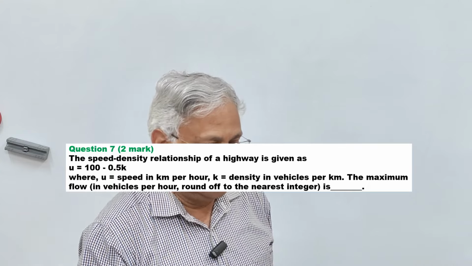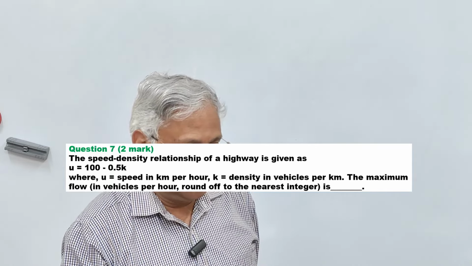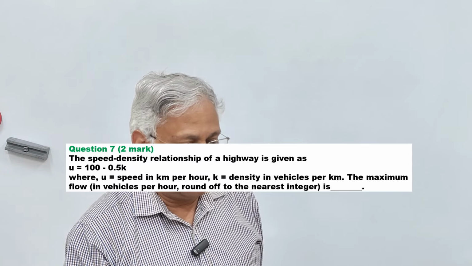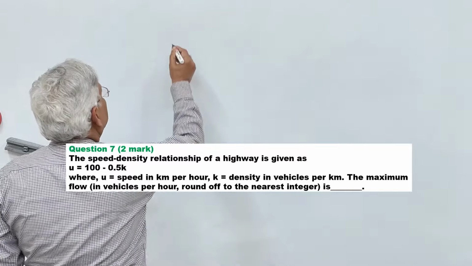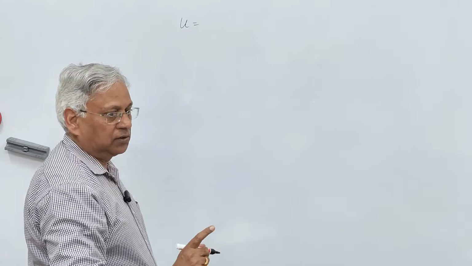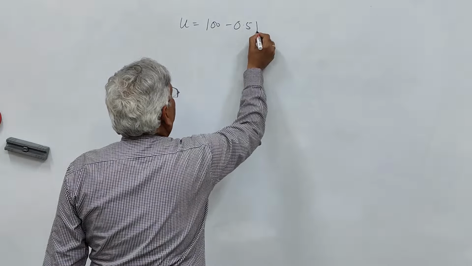And the last question is that the speed density relationship of a highway is given by u is equal to 100 minus 0.5 k, where u is the speed, k density, the maximum flow in vehicles per hour rounded off to the nearest integer is. Now here, similar to what we discussed in question number 2, u is equal to 100 minus 0.5 k.